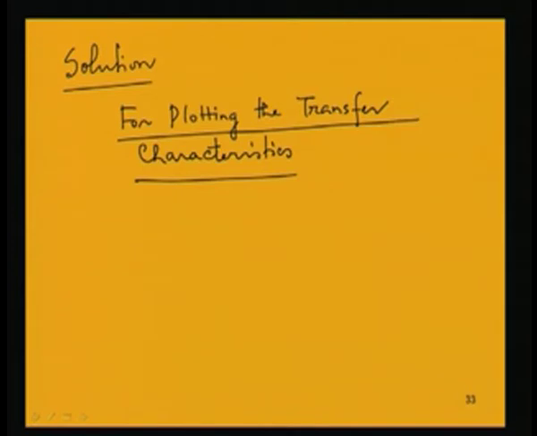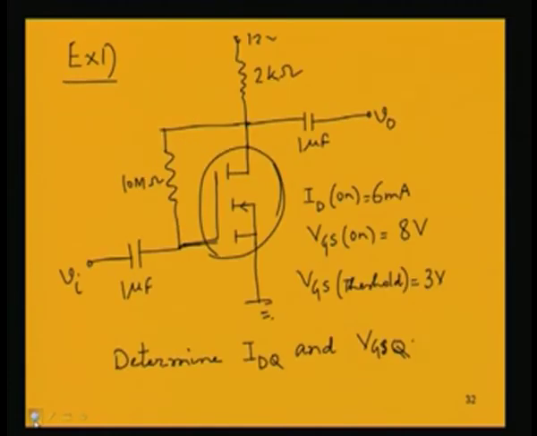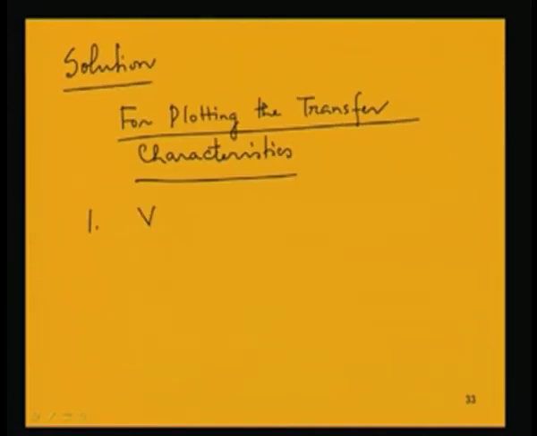At least we require 4 points, because it is not a straight line, so we cannot draw it with the help of 2 points. So, what are the 4 points? One point is immediately known from the threshold voltage. So, one point is VGS threshold, which is given to us as 3 volt.